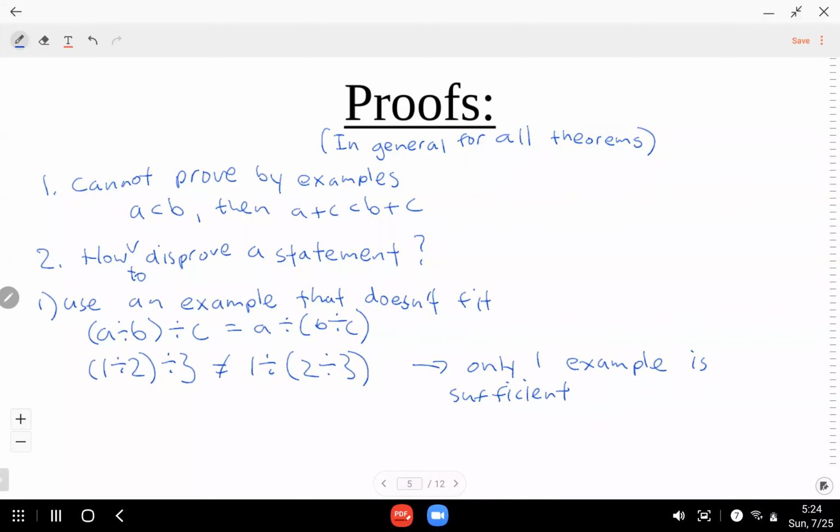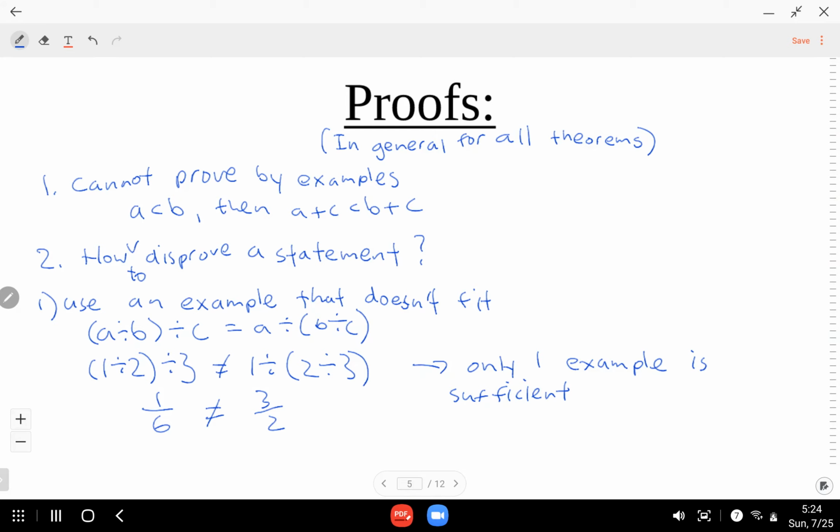Once we're done plugging in, we calculated, and this is equal to 1/6, which supposedly equals 1 divided by 3 halves. That of course is not true. Once we assume it's true and then calculate it out, we're contradicting it. So that is basically proof by contradiction.